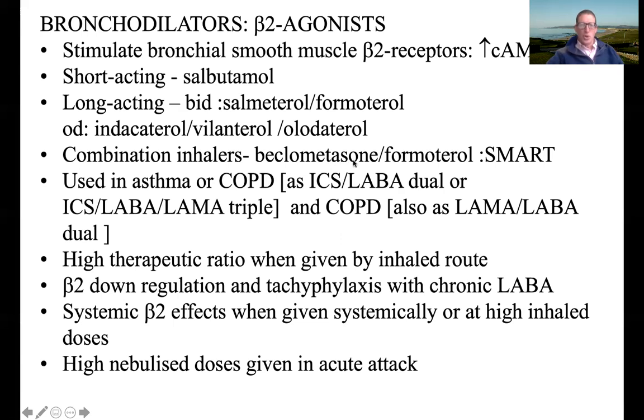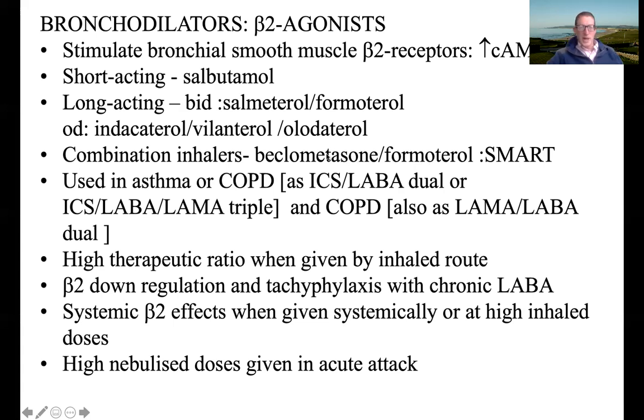So the SMART regimen always ensures perfect concordance between preventer and reliever. So say, for example, you're on beclomethasone and salbutamol. First of all, that means you've got the hassle of two separate inhalers. And what tends to happen is that patients over-rely on their salbutamol and end up stopping taking their beclomethasone. That can't happen here because the two are wrapped into the same inhaler.